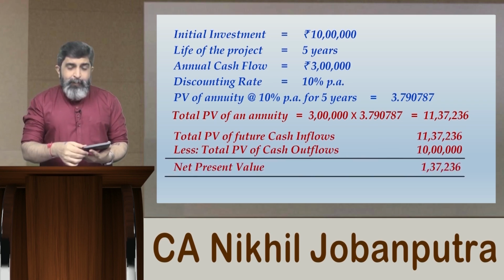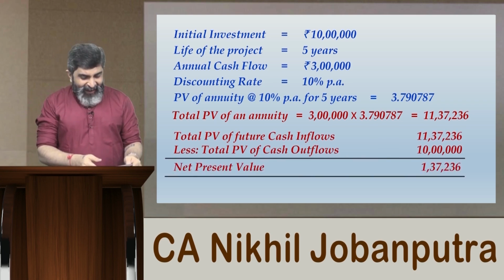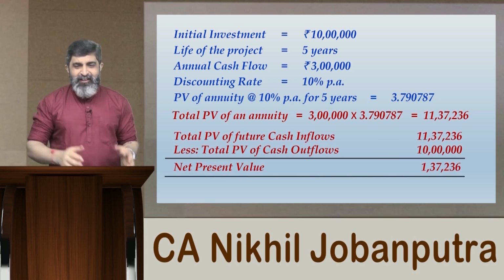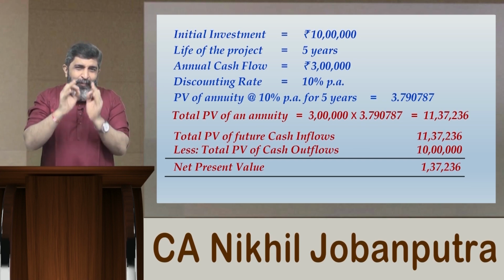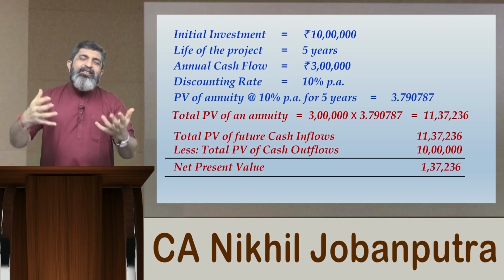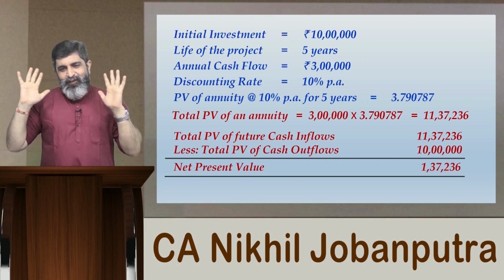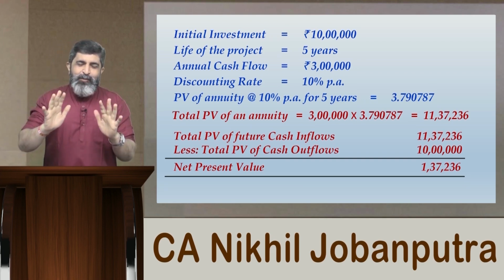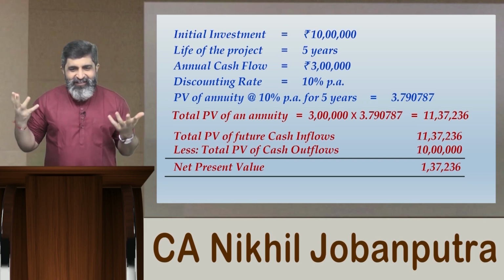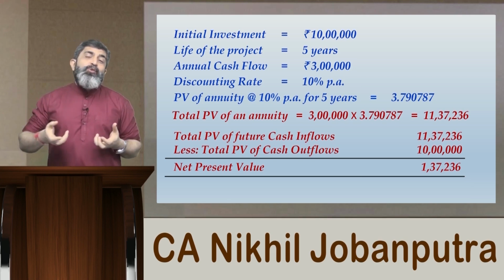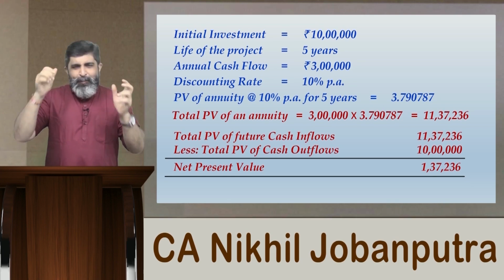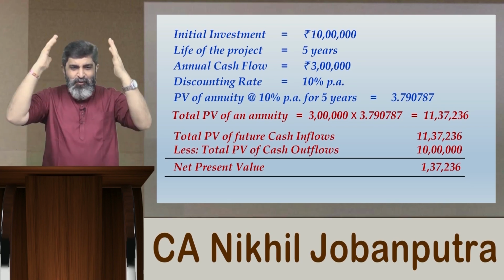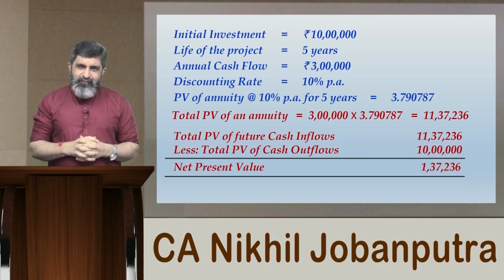Subtracting, I get a positive NPV of 1,37,236. A positive NPV. The moment you get a positive NPV, believe me, you will have a smile on your face. That project is going to be profitable. That's the idea you get, right? That means you are going to earn more than what you expect. A positive NPV, a positive signal, a green signal to move ahead with the project.